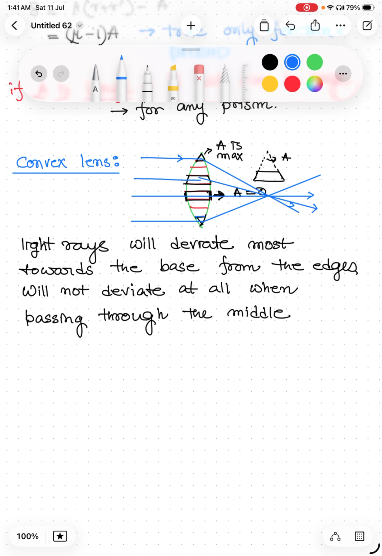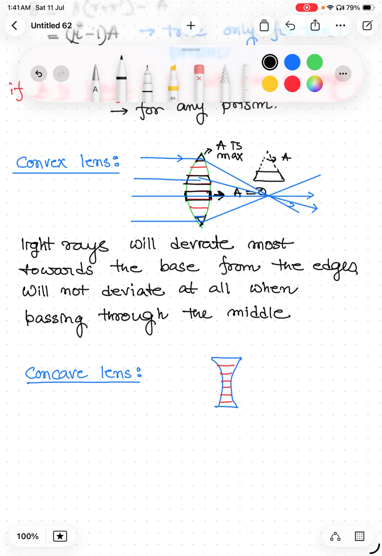Similarly, if I take a concave lens, let us first draw the concave lens. We will think of this as a combination of prisms.